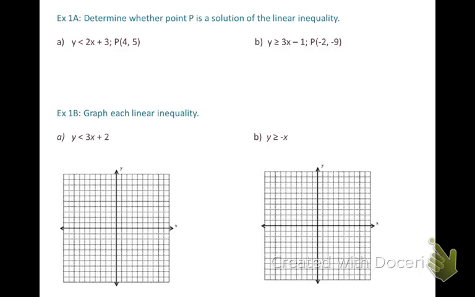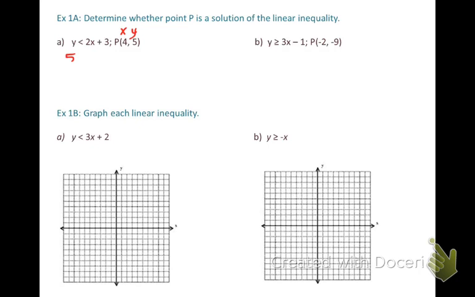So we're going to determine whether the point P is a solution of the linear inequality. They gave you a point, and we're going to plug it in. We're going to substitute to see if it works. This is x and this is y, so I'm going to plug them into the x and the y.